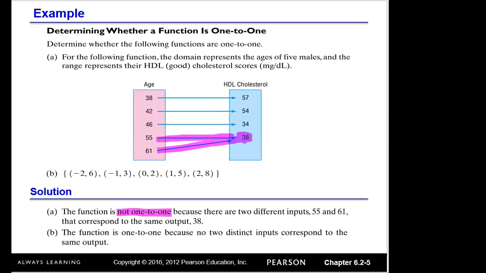When I look at it, I've got a -2, a -1, a 0, a 1, and a 2. All of my x's are different. And then when I compare them to the y's, a 6, a 3, a 2, a 5, and an 8, all of the y's are different. So this is 1 to 1. It is 1 to 1 because there's no repeat anywhere on x's or y's. Nothing is sharing nothing.